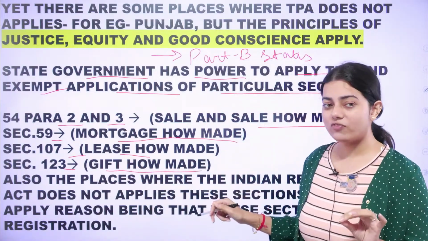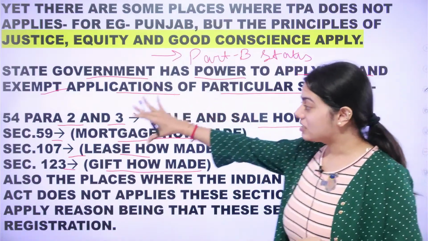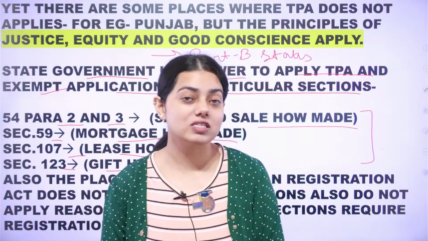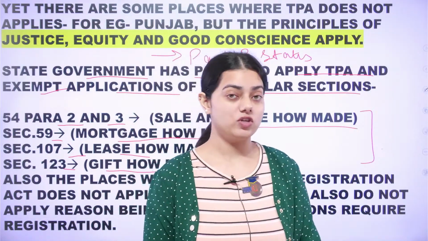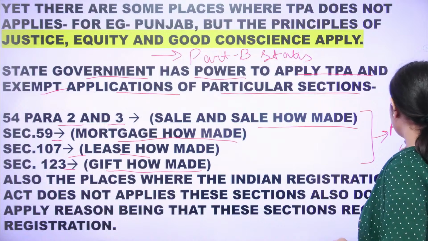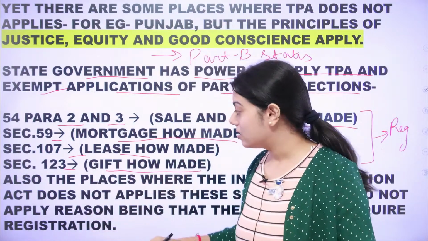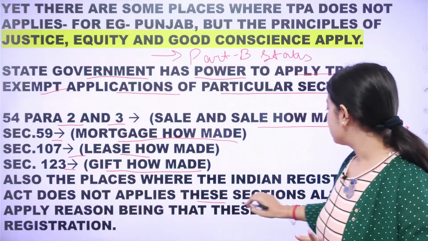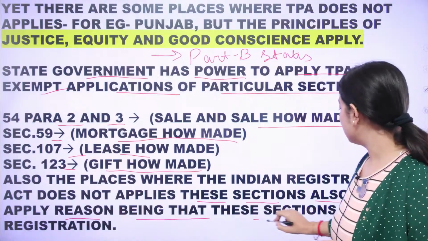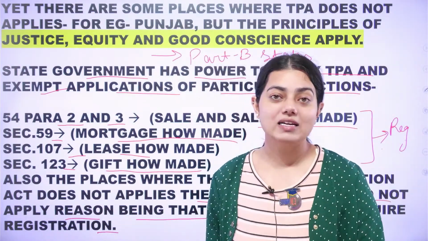Now you must be finding one common thing between all these sections, that any property, any transaction which is happening in these sections requires some kind of registration. So now I will tell you why. When these sections are exempted from application in a state, they do not apply, the reason being that these sections require registration, and the registration act is not applicable there.